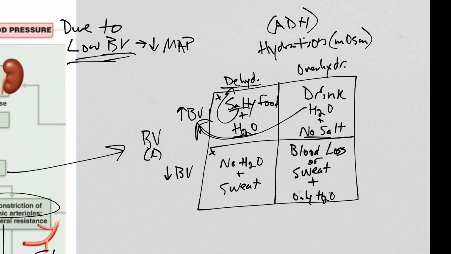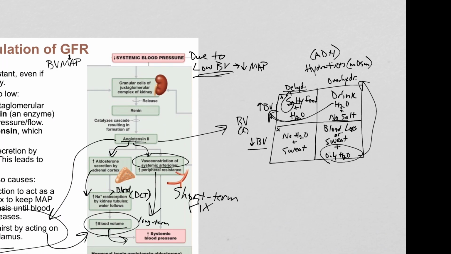So if somebody ran a race and they lost like 5 liters of sweat, but they only drank 2 liters of water, their blood volume is still low, but the fact that they're only drinking water and not salts is making them overhydrated. Okay, so again, treat these things completely separately.